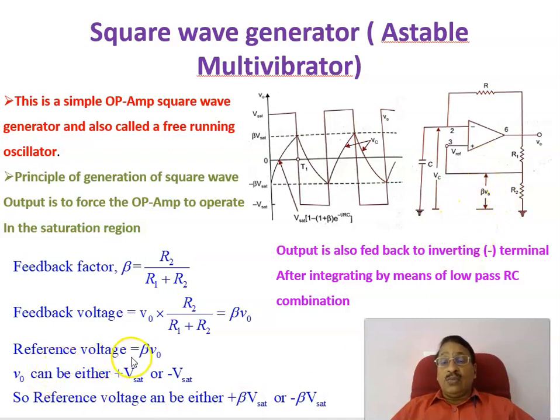Therefore, the reference voltage is beta times V0, the positive feedback voltage, which can be either plus beta Vsat or minus beta Vsat.